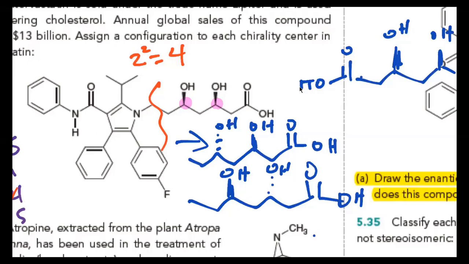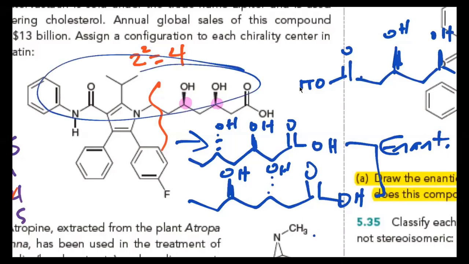So these two, although they are diastereomers of the original image, when you compare them to each other, they are enantiomers. They're mirror images of each other, but when you compare them to the original image, which is this image right here that we started with, they are diastereomers of that molecule. Yes or no?